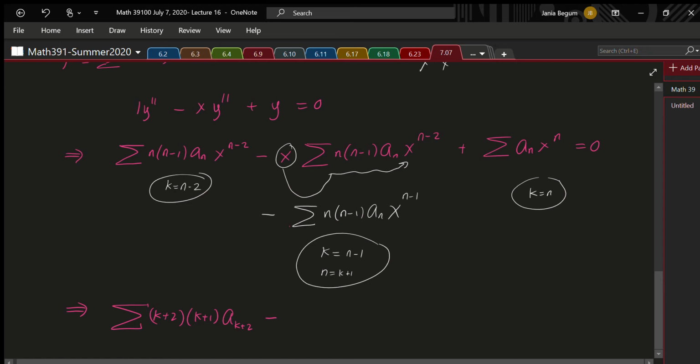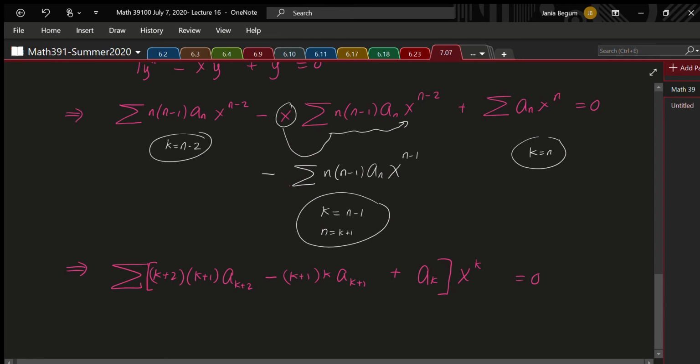Minus, and the second summation, we're going to get k plus 1 times k, a sub k plus 1. Again, I'm factoring out x to the k, plus a sub k. Everything gets multiplied by x to the k, equals 0. So I skipped one step, but let me know if you guys can follow me, okay? Are you guys all okay?